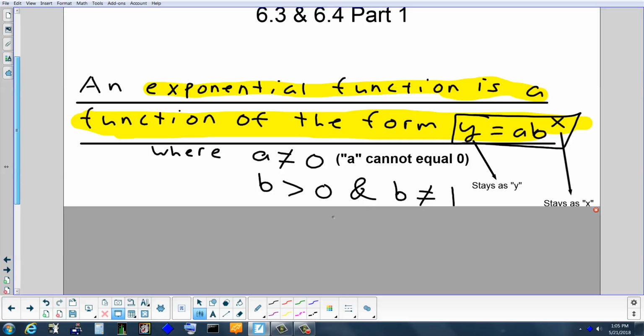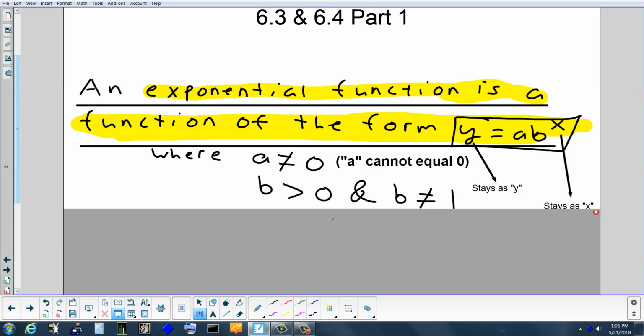The biggest thing for this formula is the a that we give you. Whatever is in the a spot cannot equal 0. B has to be greater than 0, and it cannot equal 1. Every number that goes in the b spot is going to be greater than 0, but it can't be 1.